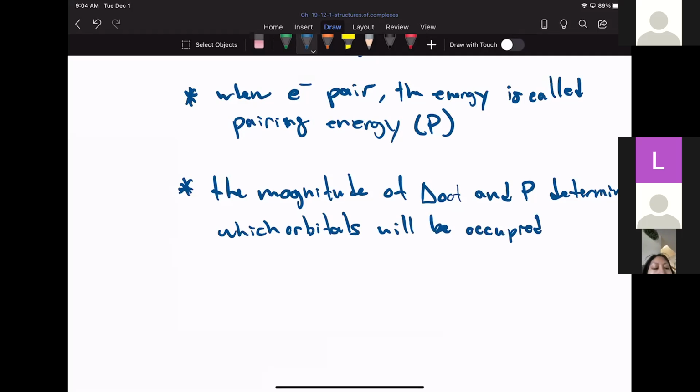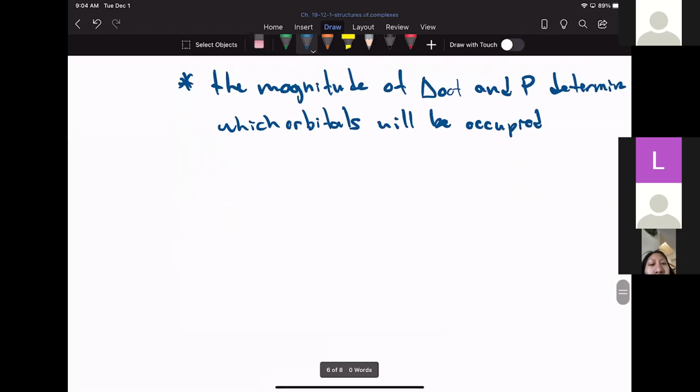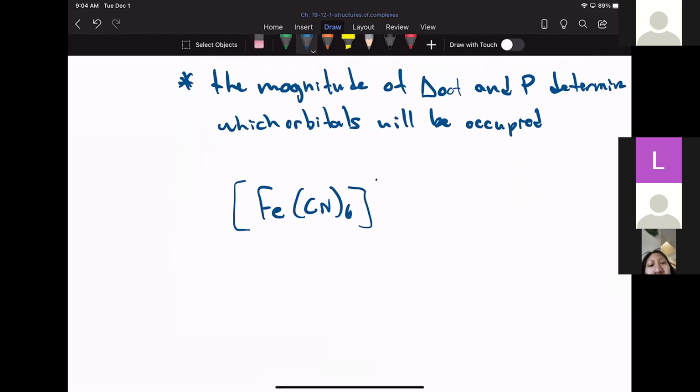Let's take a look at a couple of complexes. Let's use iron, making an octahedral complex with CN, so this is 6.